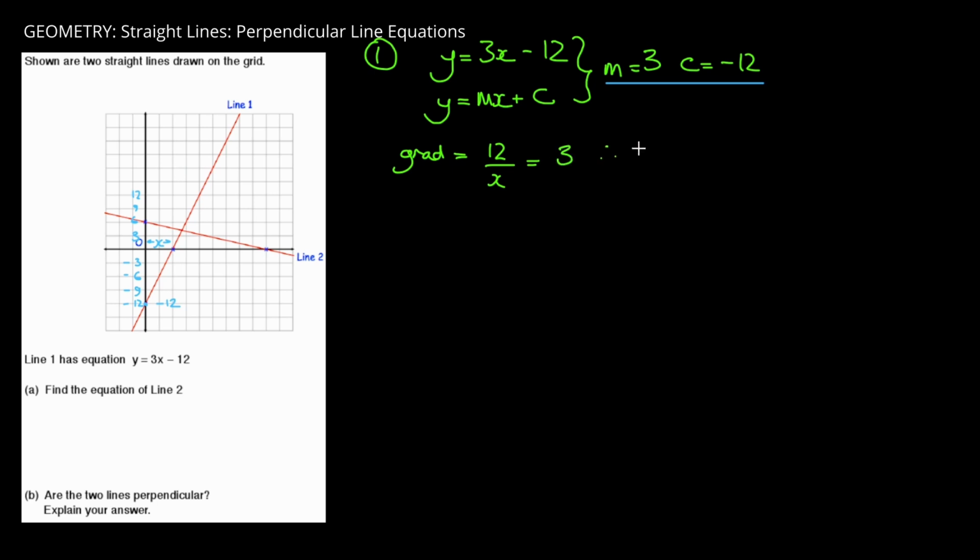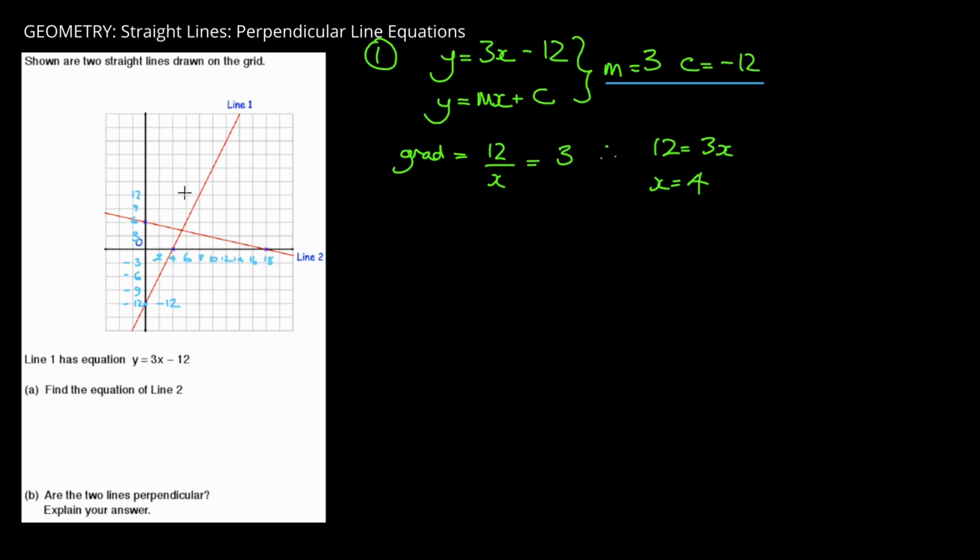So therefore, if we cross multiply the x, we get 12 is equal to 3x, and x must be equal to 12 divided by 3, which is 4. So the markings on the axis scale must be 2, 18.